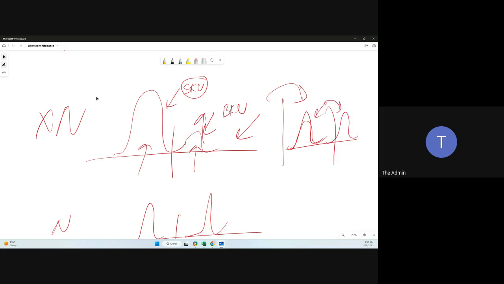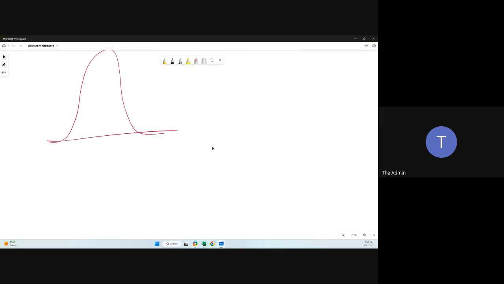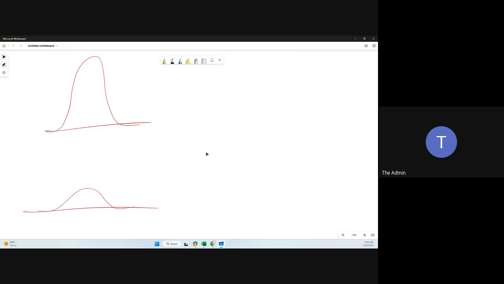Are we clear on this? There are two channels. First channel, where the amplitudes are this high, and the second channel, where amplitudes are this high. This is going to be multiplied with the kernel. This is also going to be multiplied with the kernel, and that's going to give us some output value.